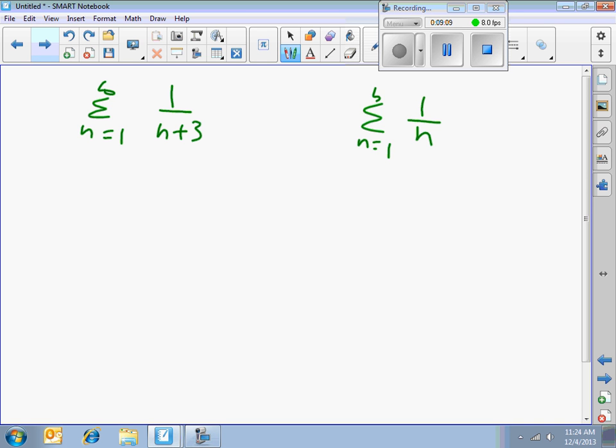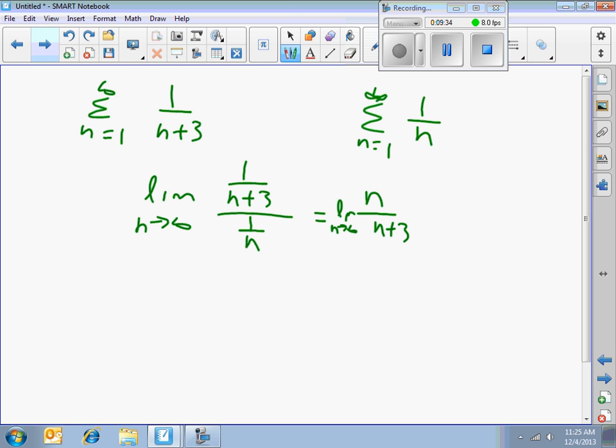The one you're comparing it to is always the one that's on bottom. So I'm looking at the limit as n approaches infinity of the original 1 over n plus 3, and I'm dividing that by the one I'm comparing to, 1 over n. Well, dividing by a fraction is the same as multiplying by the reciprocal, so that's talking about the limit as n approaches infinity of n over n plus 3, which you know is heading to 1.